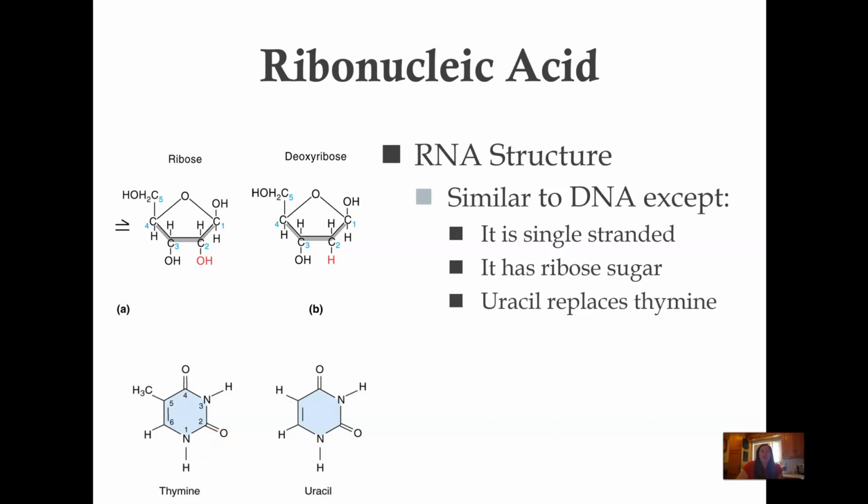In fact, if a cell can sense that double-stranded RNA is inside of it, it actually thinks that it's being invaded by, or infected by, a virus, because viruses can have double-stranded RNA. So double-stranded RNA, for us and even for bacteria, is considered foreign. It's a sign that something's wrong.